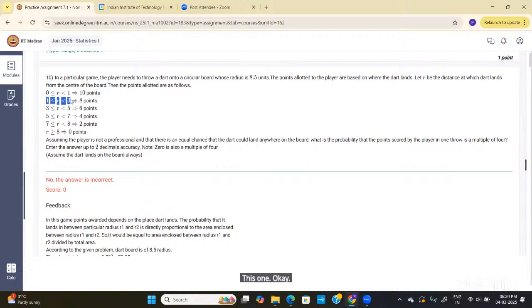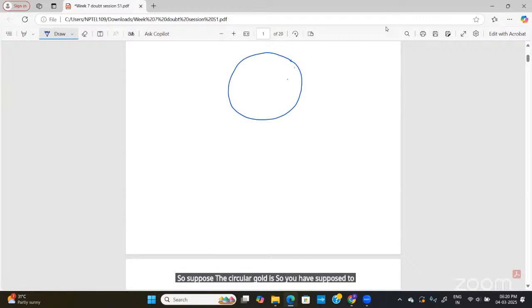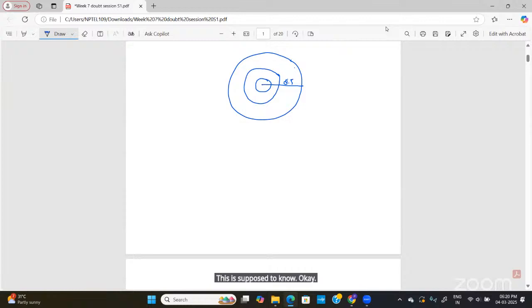How can you find this region? Suppose this is the circular board and its radius is 8.5. Now there is one small circle inside it, and another. Suppose this one is 1 and this one is 3, and R is between 1 to 3.